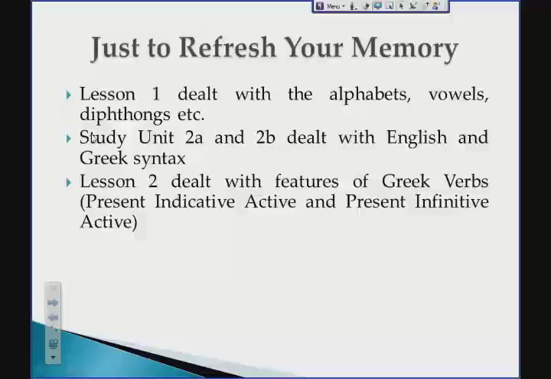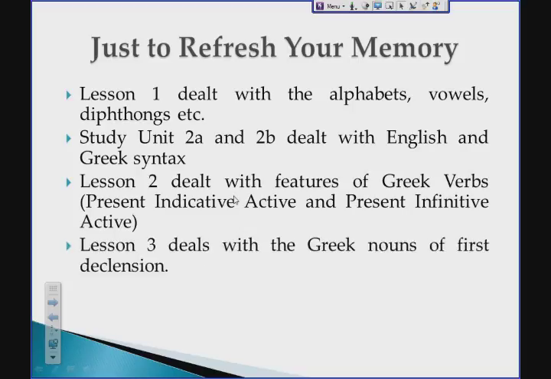I have introduced to you the alphabets, vowels, and diphthongs, and also study unit 2A and 2B, the English, Afrikaans, and Greek syntax. And last week you dealt with the features of the Greek verbs: luo, lueis, luei, luete, luomen.